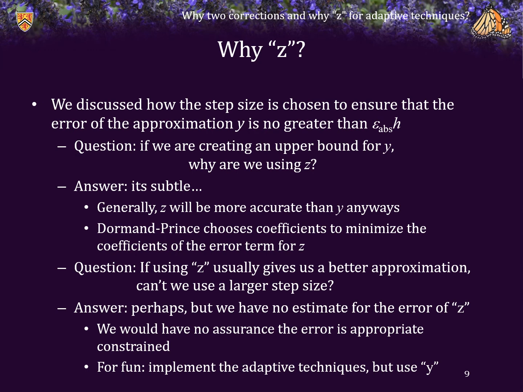So if you actually look at the error after a number of intervals, say even one time step, the error is going to be approximately epsilon abs. So it's actually quite nice, and then you can compare that with the result using z. However, the important point is that it does actually seem to work quite well as is. Using z seems to be appropriate, at least for Dormand-Prince.